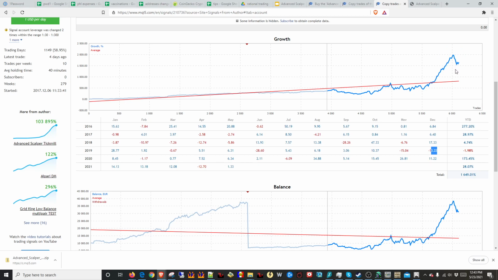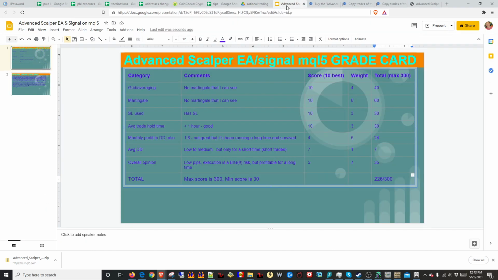So if you're someone running this thing with this kind of risk, which in my opinion is too high for this to be running anyway, I wouldn't play this level of risk. Even if I owned the EA, I'd never play that level of risk. But the point is, you can't just turn this on and walk away whistling and think your fortune is made. This thing can absolutely take losses, but it's probably never going to blow your account just because it's in and out so quick.